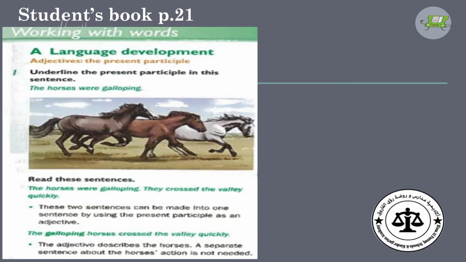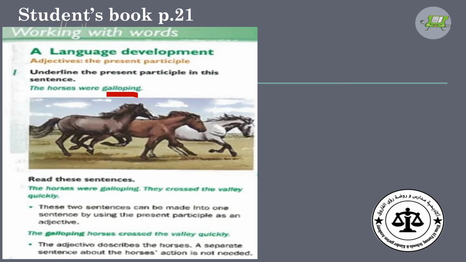Your student book, page 21. Adjectives, the present participle. Underline the present participle in this sentence. The horses were galloping. This is the adjective. Look here. Read these sentences.